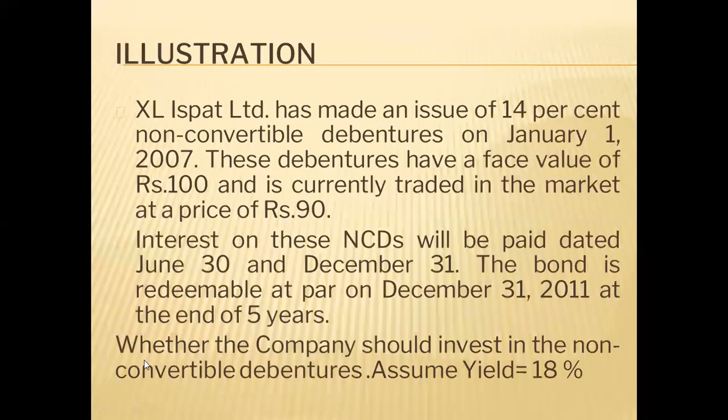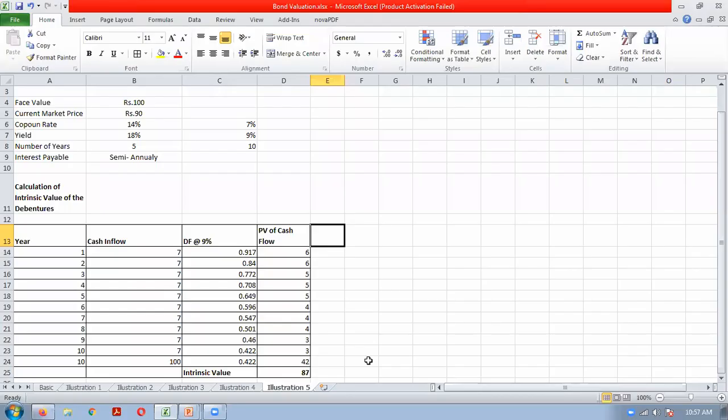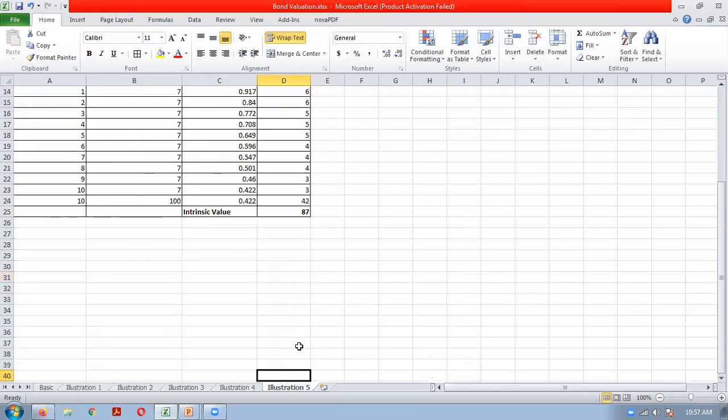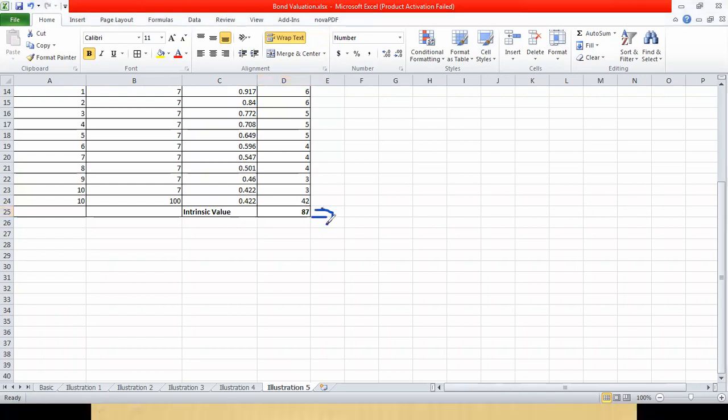Now what is required is whether you should invest in this company's debentures or not. Let us see that. See, intrinsic value is 87 rupees. Intrinsic value you can also call the correct price of the bond, which should be 87 rupees.